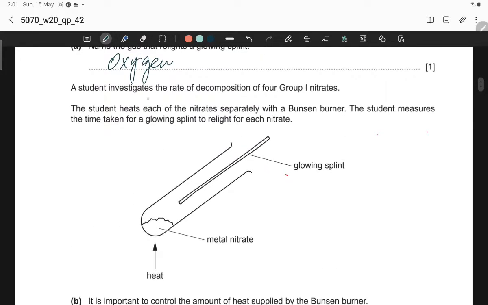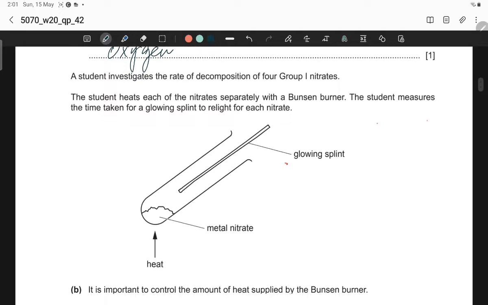A student investigates the rate of decomposition of four group 1 nitrates. The student heats each of the nitrates separately with a Bunsen burner. The student measures the time taken for a glowing splint to relight for each.